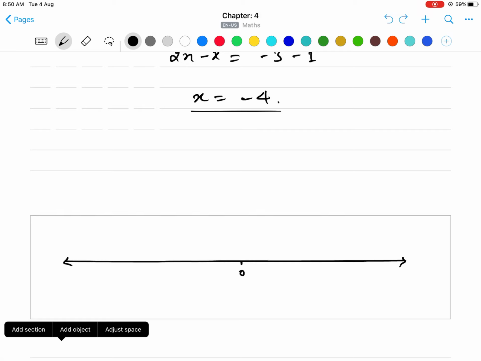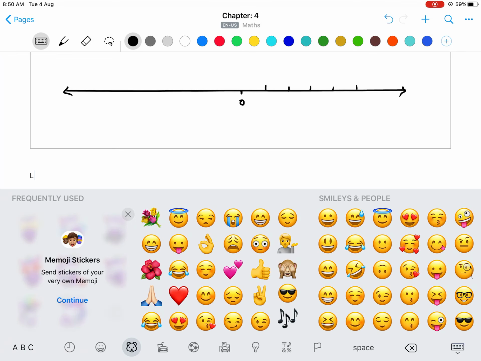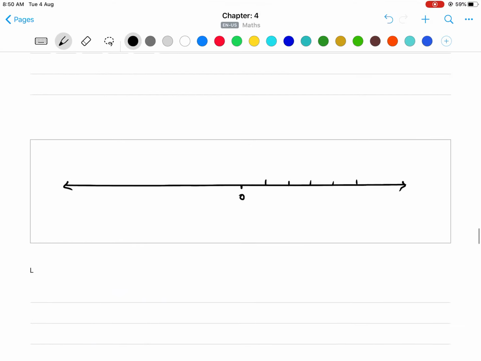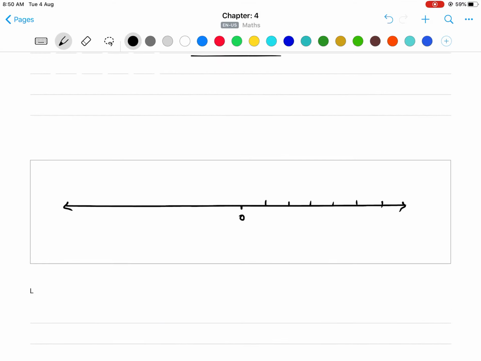So we have 1 2 3 4 5 6 here. Similarly we have 1 2 3 4 5 and 6.